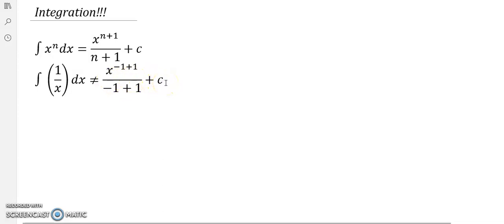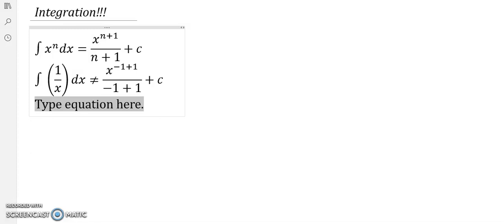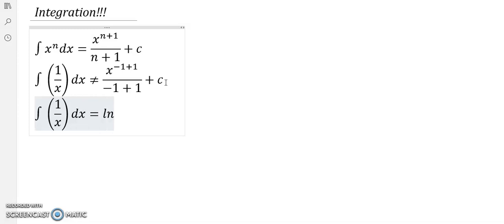Then the correct way of doing this is the integral of 1 divided by x dx equal to ln x plus the constant c.